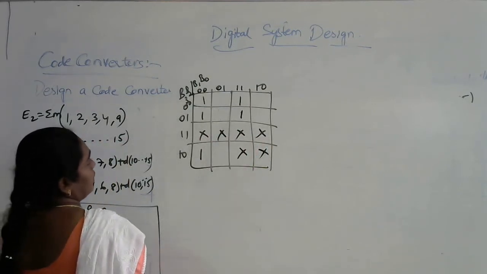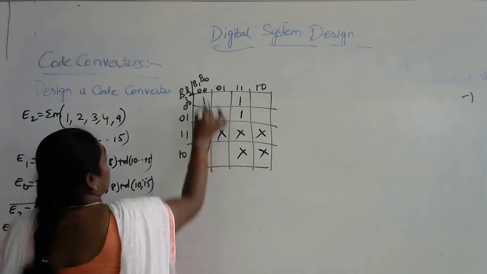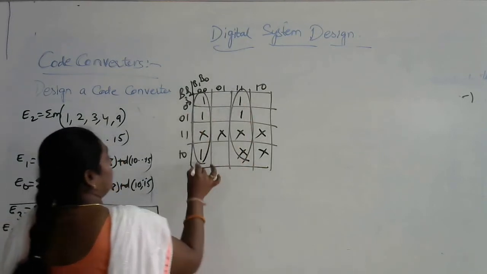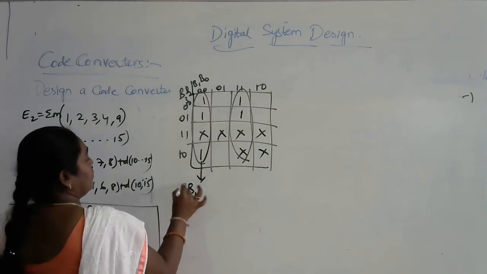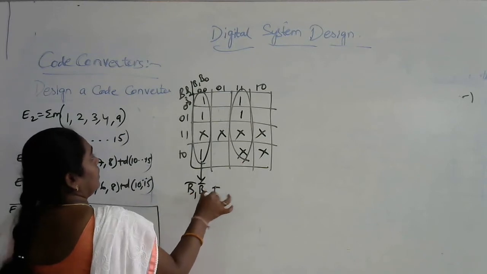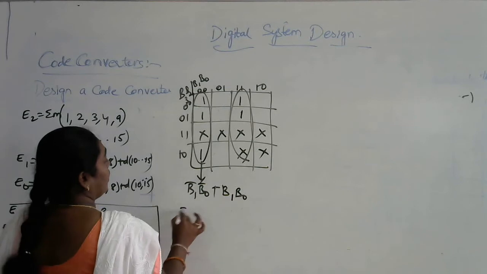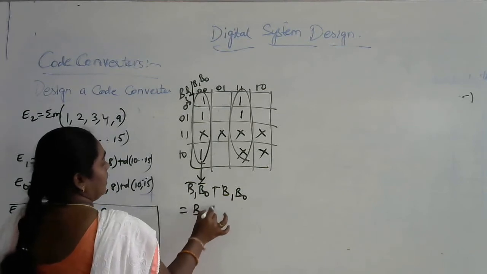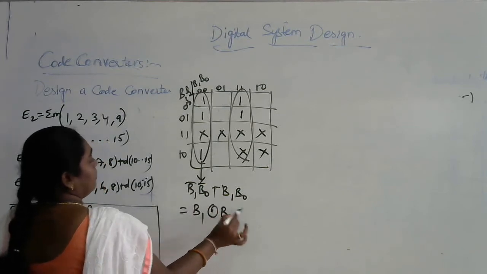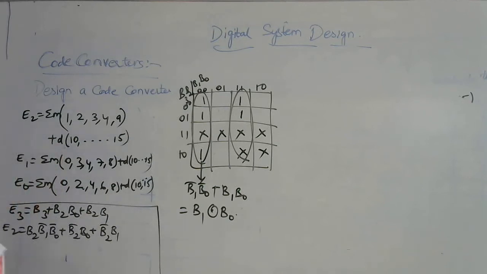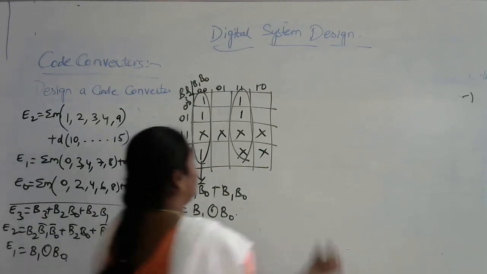You can make these as one quad and one quad. This quad is B1 bar B0 bar and this quad is B1 B0, or I can say B1 XNOR B0. So the expression for E1 is B1 XNOR B0, and the last one is E0.